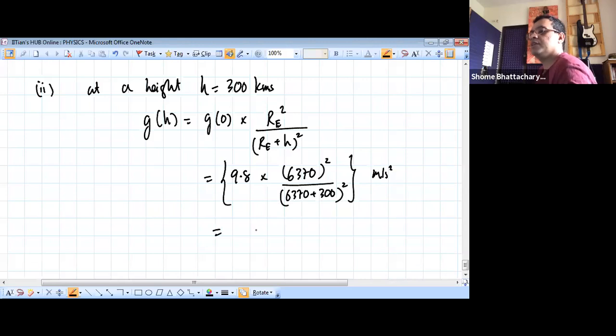I'll just do an approximate calculation of this. So this will become 6370 divided by 6670, and you square that and multiply that with 9.8. This will come approximately equal to 8.94 meters per second square. This will be the value of g.